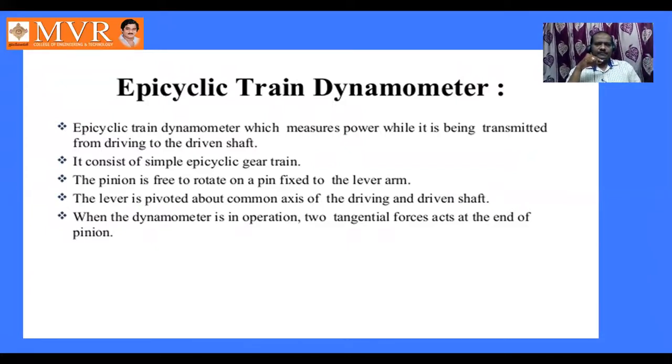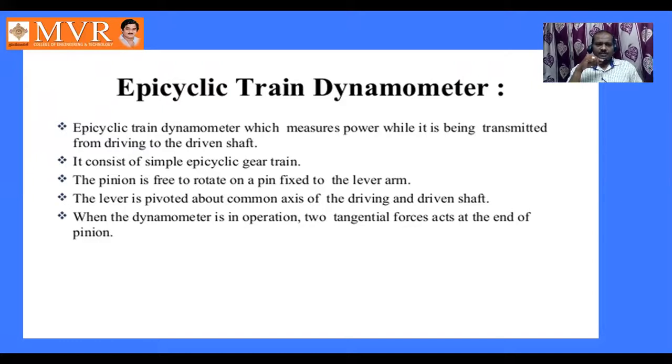The pinion is free to rotate on a pin fixed to the lever. The lever is pivoted about a common axis of the driving and driven shaft. When the dynamometer is in operation, two tangential forces act at the end of the pinion.